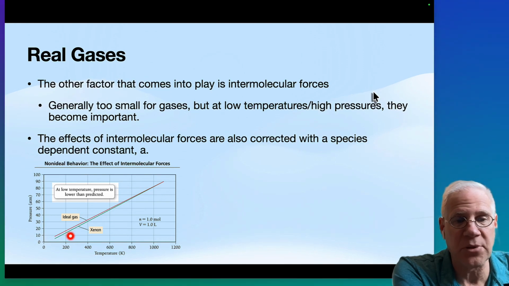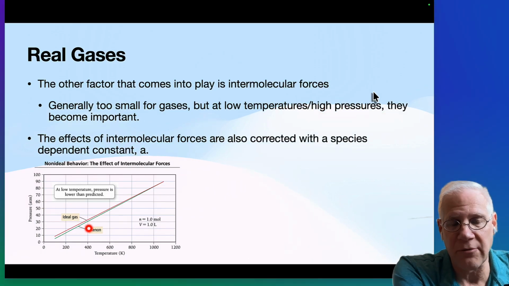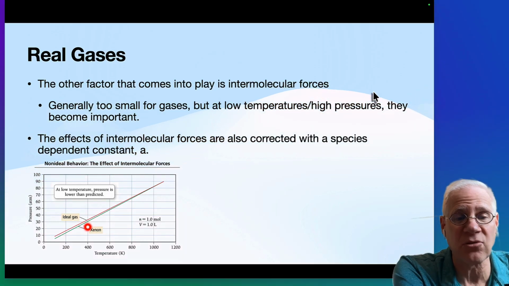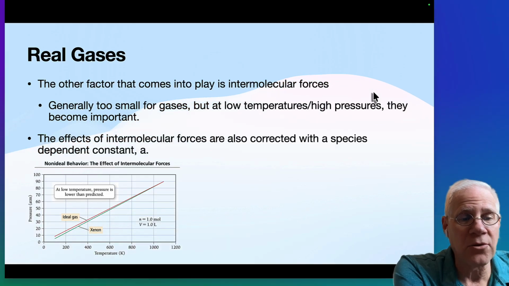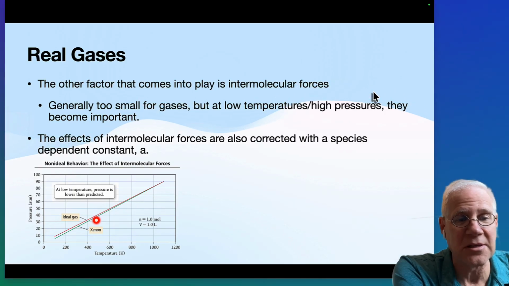Because they're not moving completely independently of each other, they stick together or move a little bit slower as doubles or triples or whatever, but they don't move independently. So pressure becomes lower than expected under fairly cold temperatures. Now, xenon is a very large gas. It's a large atom, and so we start seeing deviations even at fairly reasonable temperatures, even room temperature.